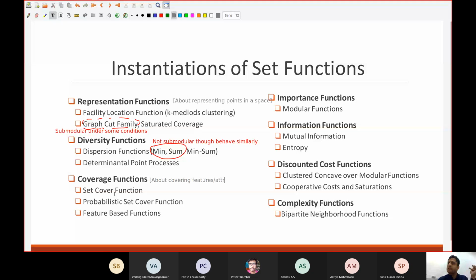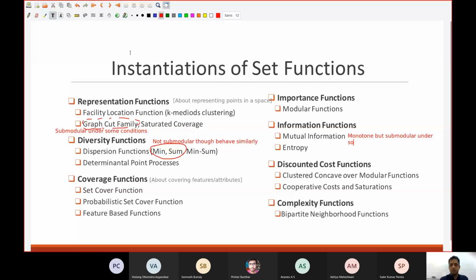They may be monotone, but submodular under some independence assumptions. Entropy, on the other hand, discrete entropy is always submodular. Okay, so that's always submodular.